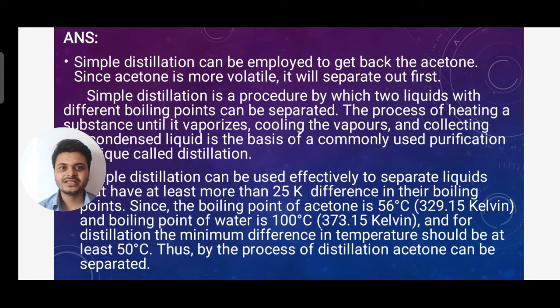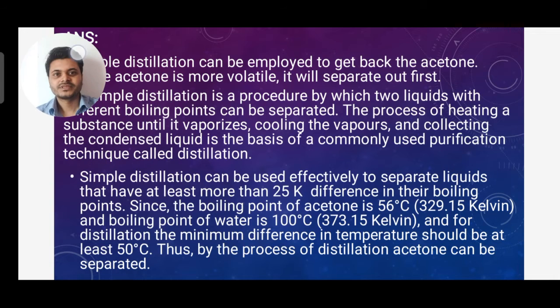The process of heating a substance until it vaporizes, cooling the vapors and collecting the condensed liquid is the basis of a commonly used purification technique called distillation. Simple distillation can be used effectively to separate liquids that have a difference of more than 25 Kelvin in their boiling points.